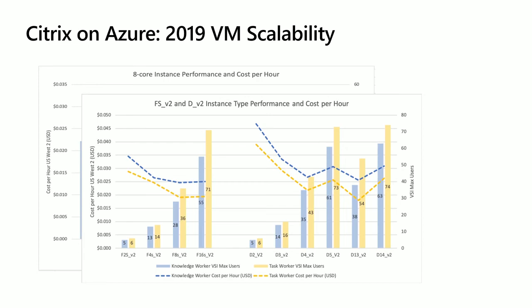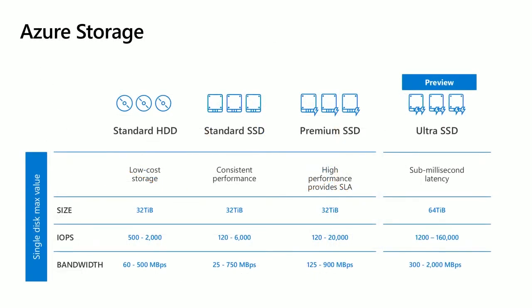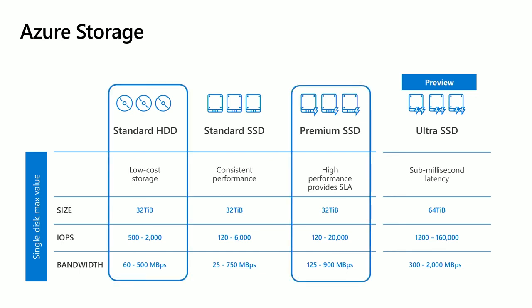That's for the VM. Now, what storage? I said I'm going to pick premium. There are 4 different types of managed disk storage in Azure: standard HDD, standard SSD, premium SSD, and Ultra. Okay, let's start with first things first. We support 2 types. You can either use standard HDD with our provisioning or premium SSD.